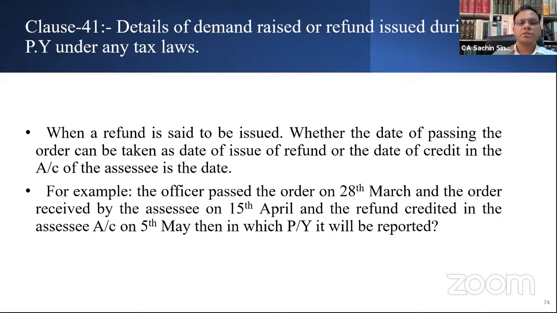So which year is relevant? Because the clause says that the refund issued during the previous year. So if we go with issued, it is issued on 28th March. However, unless it is received by us, we cannot say that it is received. Then the position can be that we take this as issued in the year in which it comes to us.